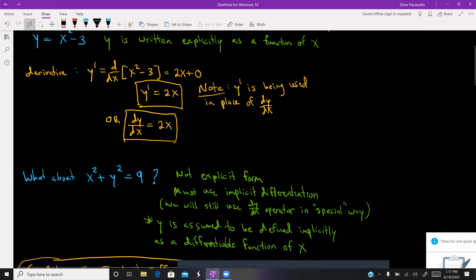Now, from algebra or trigonometry class, this x squared plus y squared equal to 9 is the equation for a circle with radius 3. The circle equation is x squared plus y squared equal to r squared, if the center of the circle is 0, 0 and the radius is r.